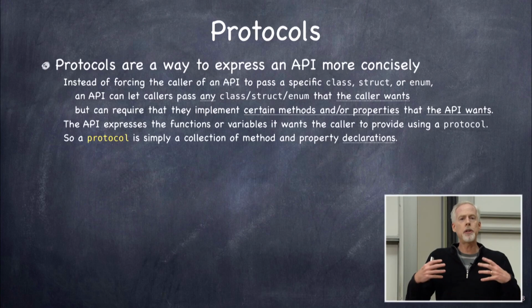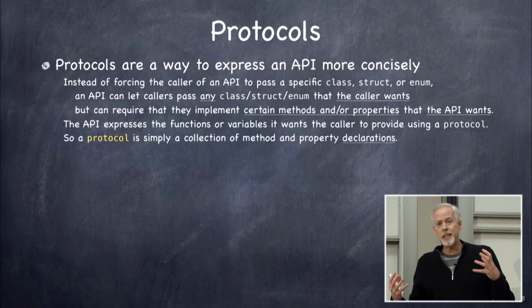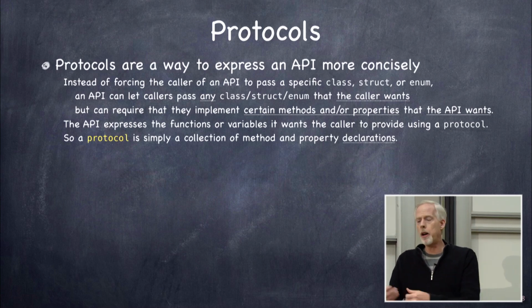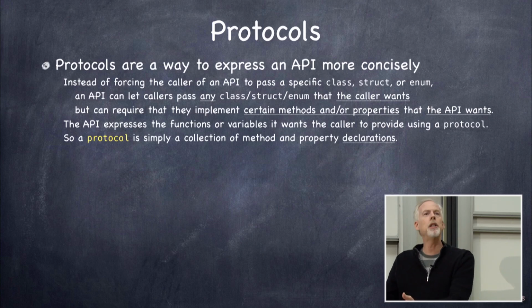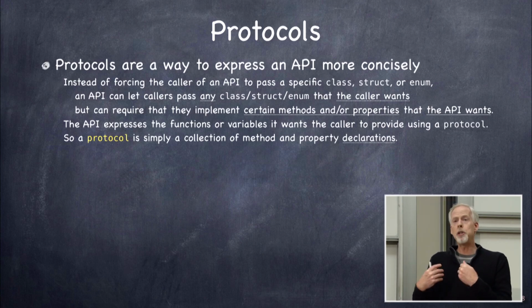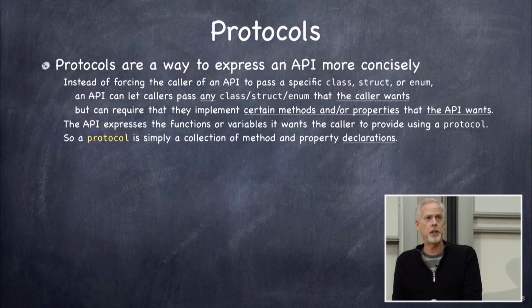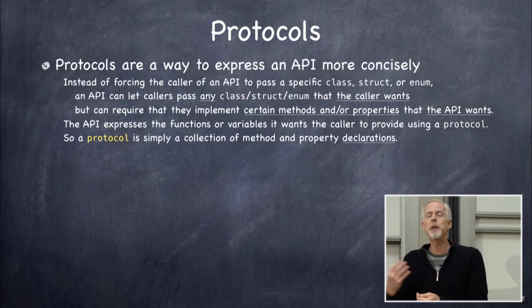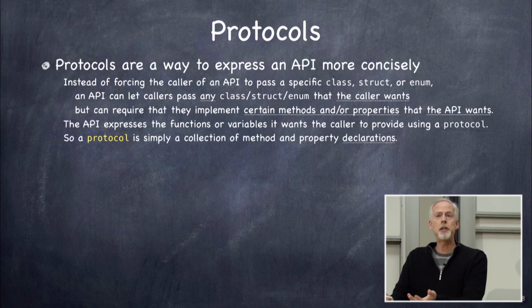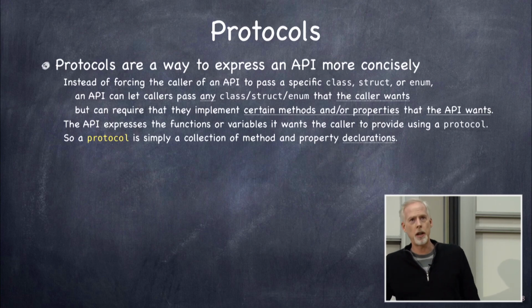Protocols are essentially a way for callers to call an API with anything they want. Any struct, enum, class, they can pass anything they want in. And at the same time, the receiving method can specify what it really wants. So both sides get to do what they want. The receiving thing gets to say what it wants the thing you're passing in to do, and the thing passing in can pass whatever it wants as long as it does that thing.